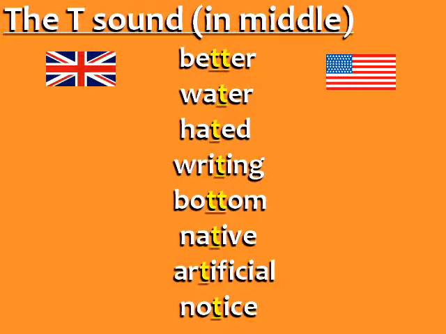Finally, the T sound in the middle of the word can be different in British and American English. In this situation, Americans often pronounce the letter T like a quick D sound. Listen to the difference.